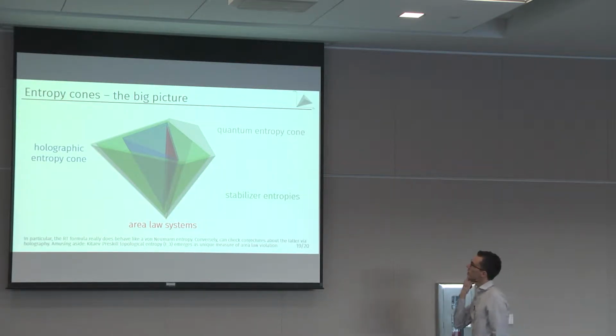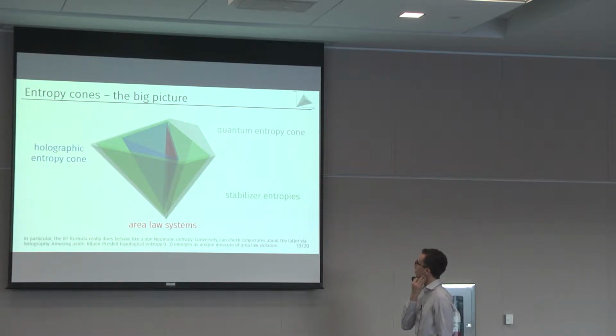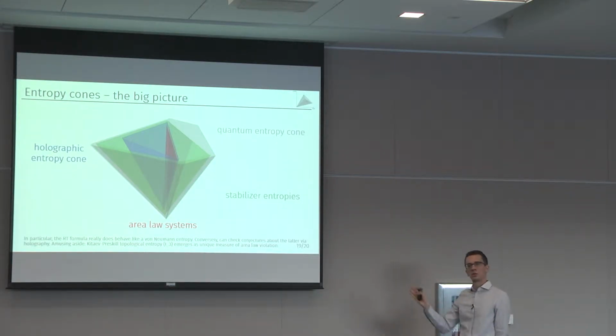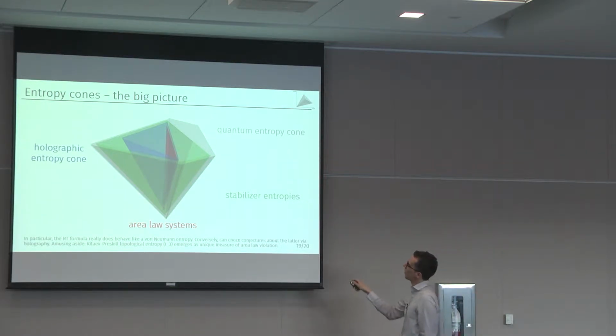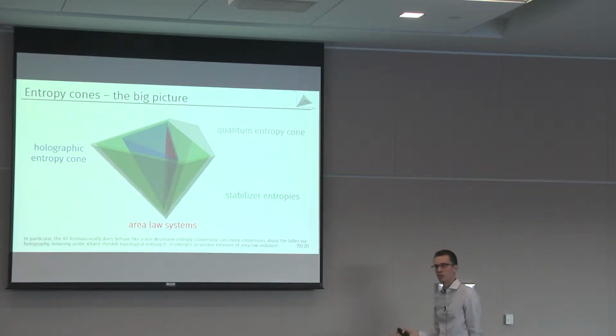So maybe here is a last high-level point of view of this entropy cone business. This gray cone outside is the elusive quantum entropy cone, of which we know a couple of faces. We have strong subadditivity and its variants. Essentially, that's all we know. There's a couple of conjectured entropy inequalities, and some of us believe it has round features. Some of us don't. Inside this quantum entropy cone, there's the subcone spanned by the entropies of stabilizer states.